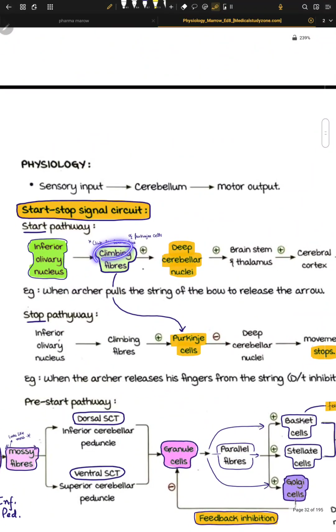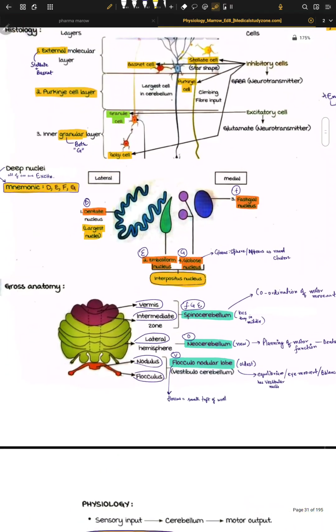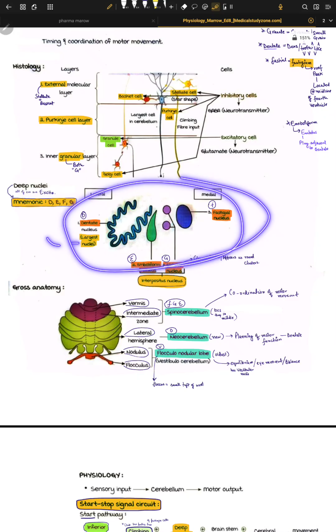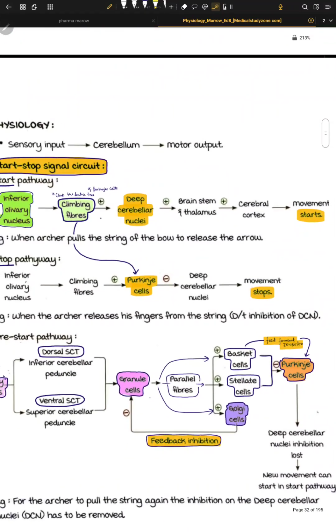So climbing fibers go from the olive to the deep cerebellar nuclei. Of course, these cerebellar nuclei are present here. Then the deep cerebellar nuclei activate the brainstem and thalamus, and then it goes to the cerebral cortex, and then the movement starts.